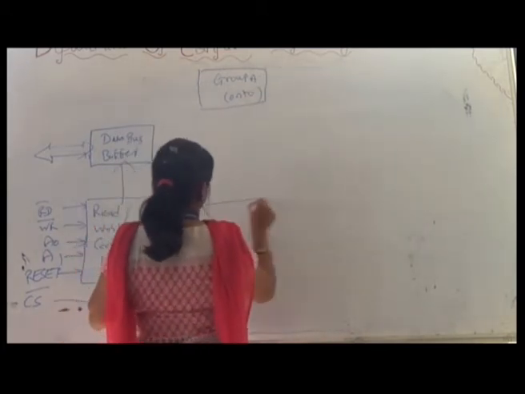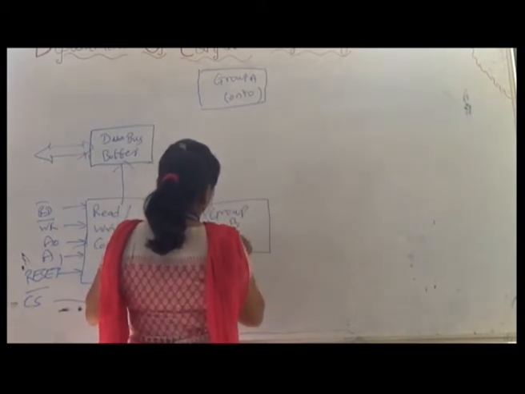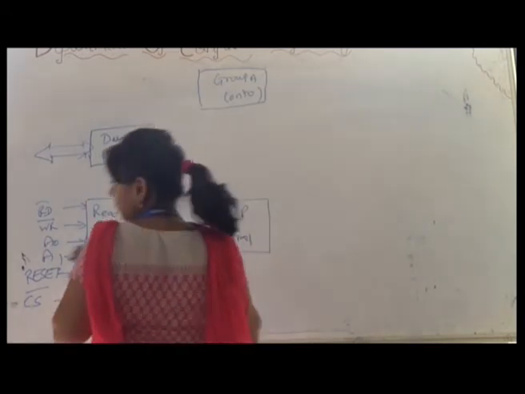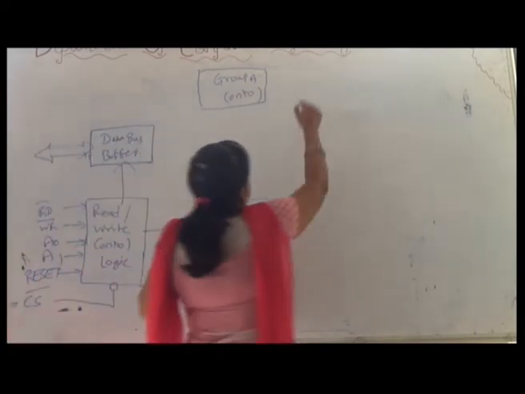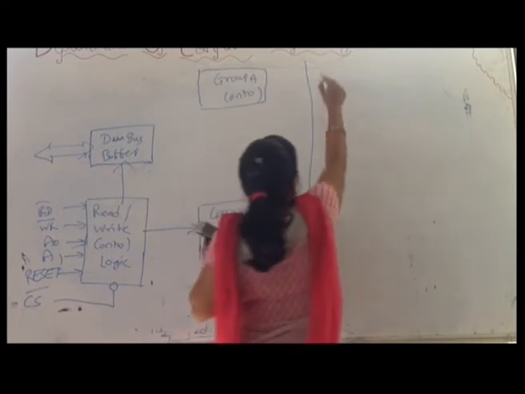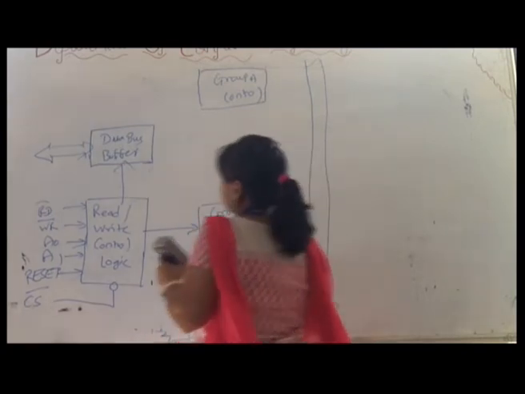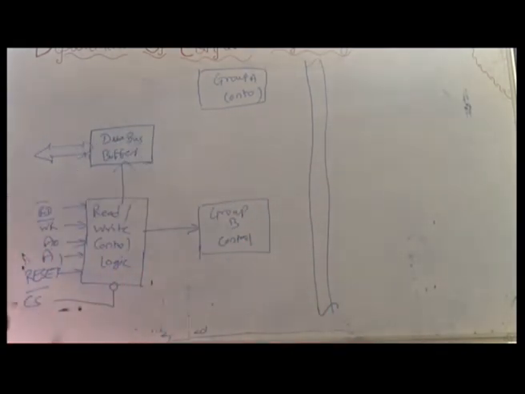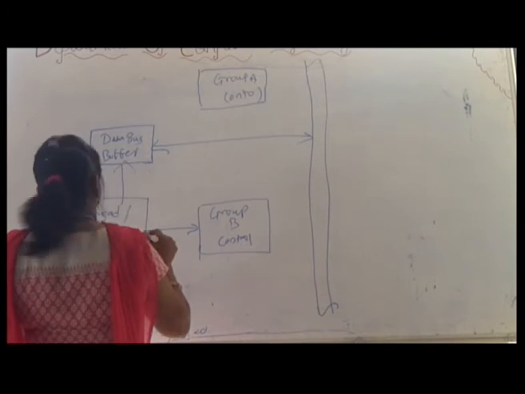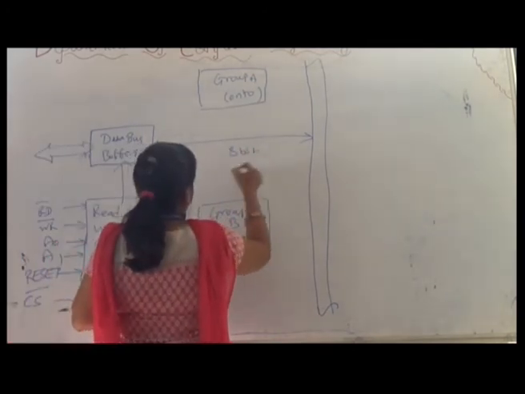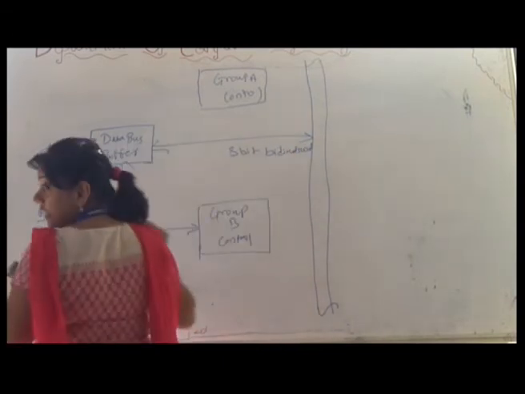Next is the group B control. It's an 8-bit bidirectional data bus buffer.